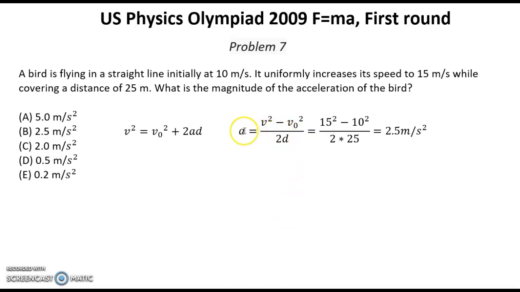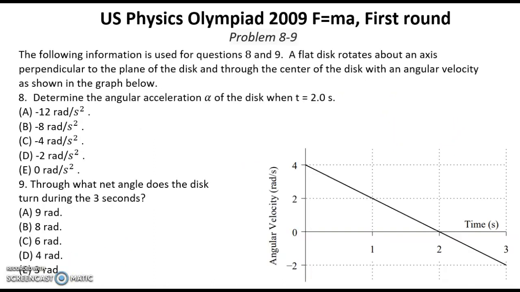Here we have a formula for acceleration, and after we put in numbers, we have acceleration equal to 2.5 meters per second squared. Problems number 8 and 9. The following information is used for questions 8 and 9.